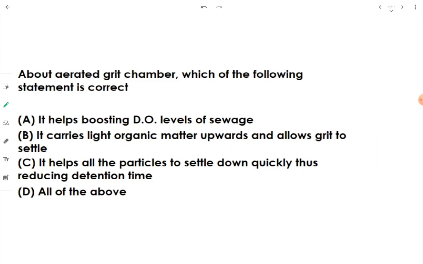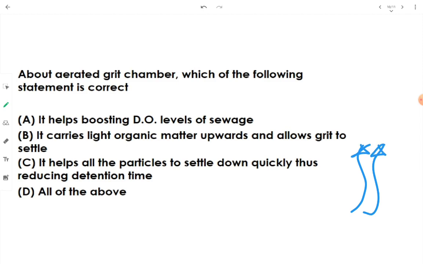See, when we are having diffuse aeration in a grit chamber, we are creating a rolling flow pattern in the wastewater, and this rolling velocity is kept less than the critical velocity of scour of grit particles.